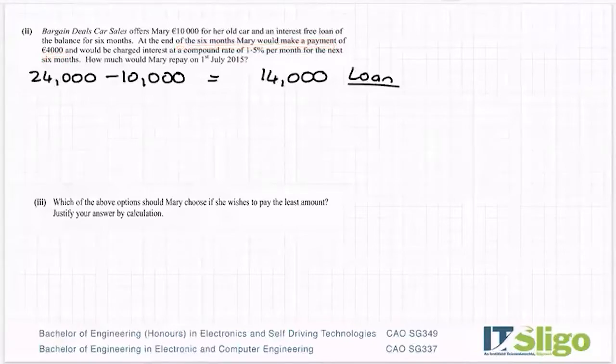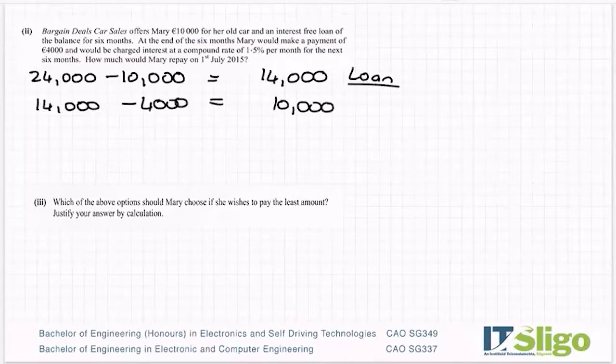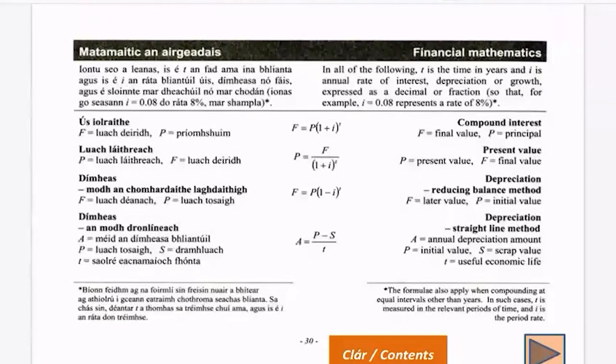Okay, so take the 14,000, pay off the 4,000, and now you're left with 10,000 outstanding. Okay. Now she's going to get a loan for the rest of it at a rate of 1.5% per month for the next 6 months. Now I want you to draw your attention to something, okay?